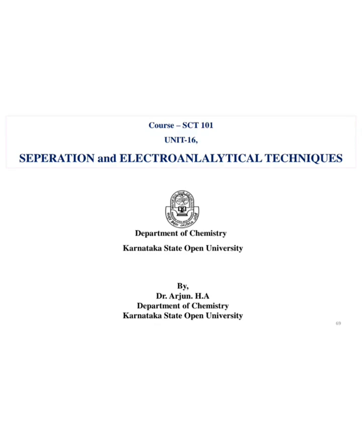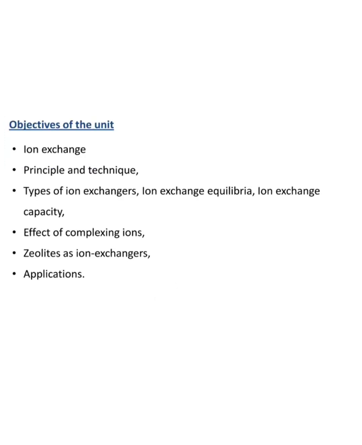Here we study molecule separation on the basis of their charge, eluted using solutions of varying ionic strength. So ions will get exchanged between the mobile phase and stationary phase. This is the basic concept in ion exchange chromatography.